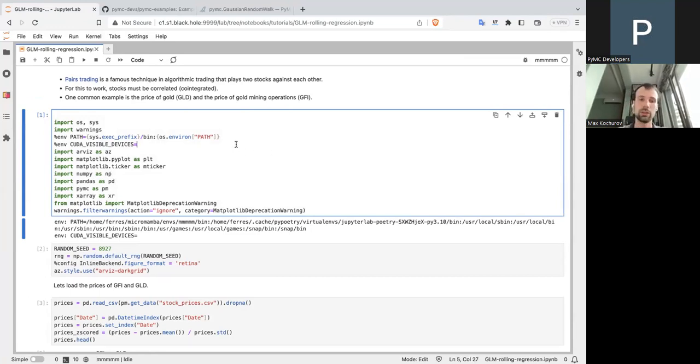And as I said, CPU can be really powerful, so we don't need GPUs. We don't even need GPUs to sample. So I won't use my GPU to run this example.